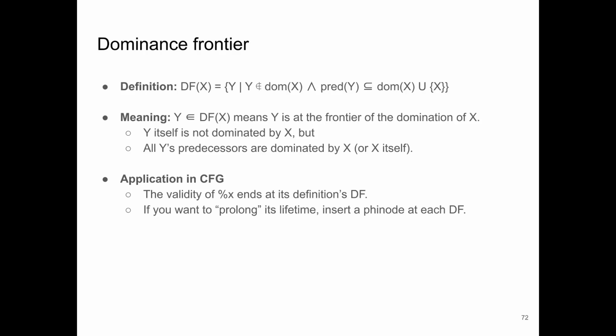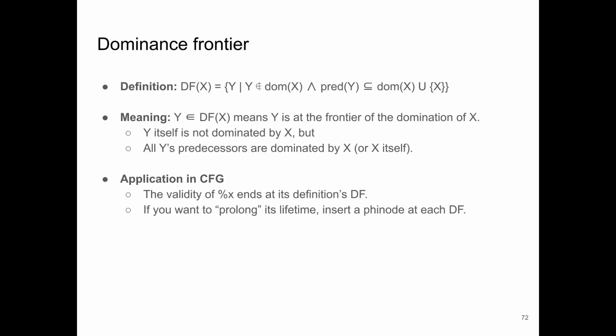So suppose that this %X is defined in a block B. Then %X becomes just undominated and it becomes just invalid at its dominance frontier. The reason is that all its uses should be dominated by its definition, and this dominance frontier is just becoming undominated, and as a result, this variable X is just becoming invalid at the dominance frontier.